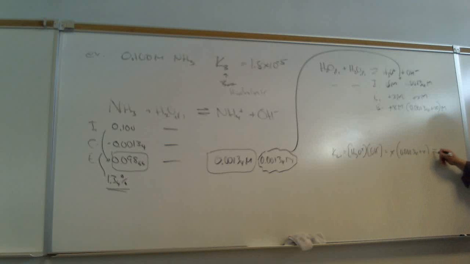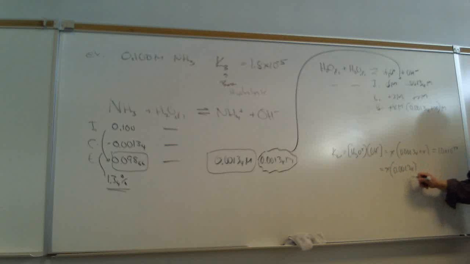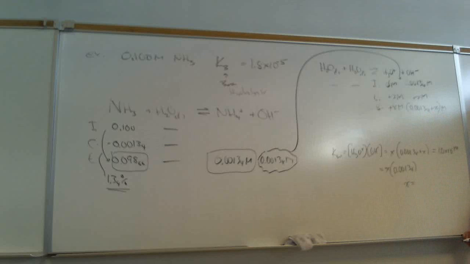Yeah, it should be great because it's 1.0 times 10 to the minus 14, but let's go ahead and try it, even if we can't tell, because that means this calculation is going to be simple. x times 0.00134, which means that x is 7.51 times 10 to the negative 12.